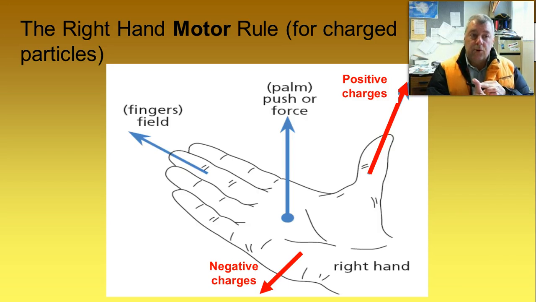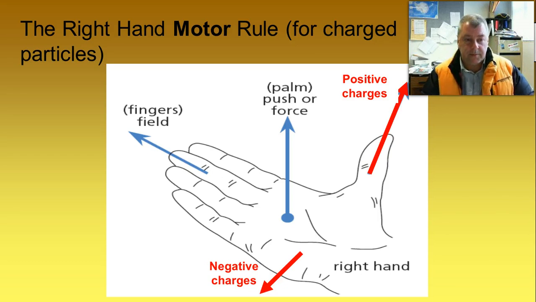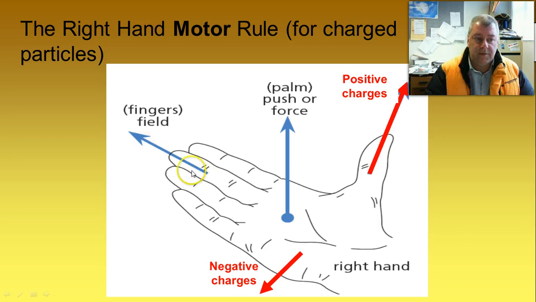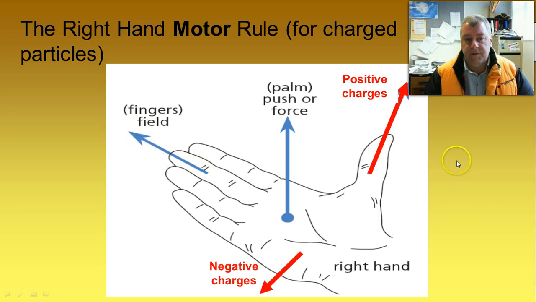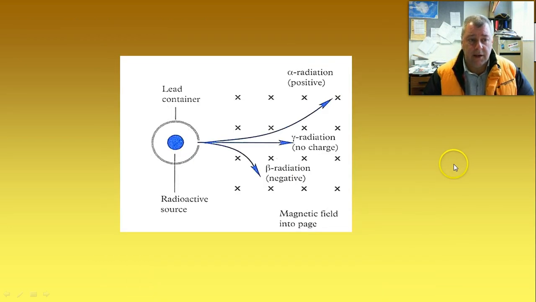And so for working out the direction of force for a charged particle, your thumb represents positive charges, and then if you had a little wart here, or a little sixth finger growing out there, that would be negative charges. And so you just have to remember that. That's one way. Students have their own ways of remembering. Again, it's got to be the right hand. And so you still have the force coming out of the palm, and you still have the magnetic field represented by the fingers. So it's not too hard to apply.